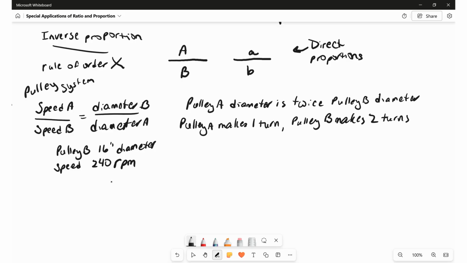Well, in this case, that means that the pulley A would have a 32-inch diameter.